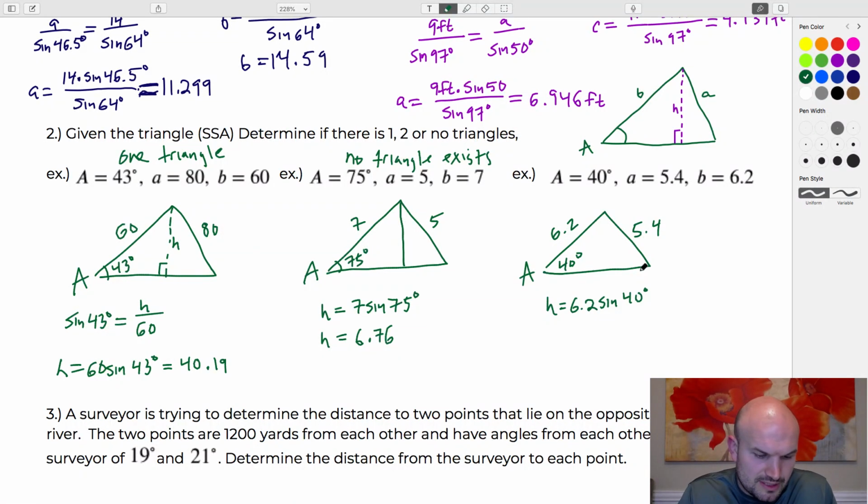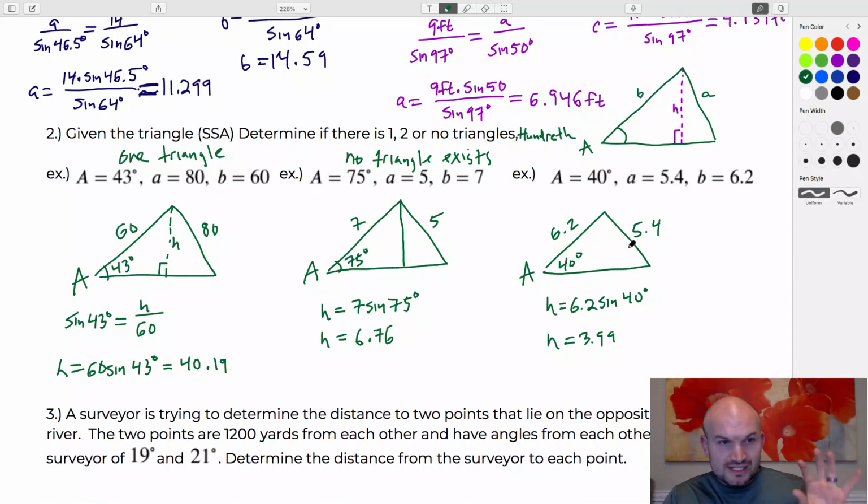So I'll type in 6.2 times the sine of 40, and in this case, I get 3.985. I guess we'll just round to the nearest hundredth, since that's what I did for the other two accidentally. So that'd be 3.99.